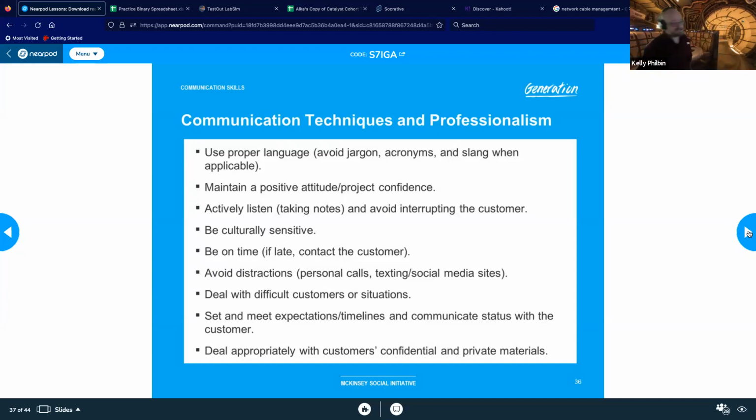Try to be culturally sensitive. A big example I often use of this is personal bubbles. In the US, we seem to have the largest personal bubble of any culture on the planet. I tried explaining this to a friend of mine and he was like, that doesn't sound true. For strangers, we maintain a 12-foot distance.